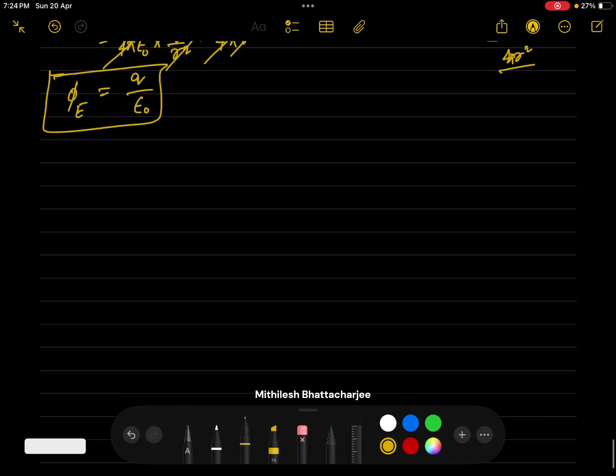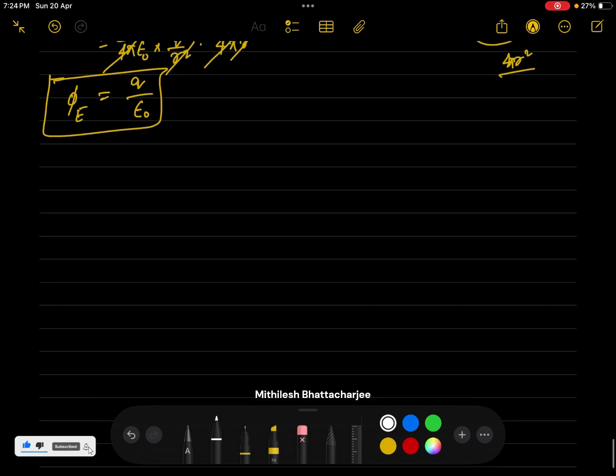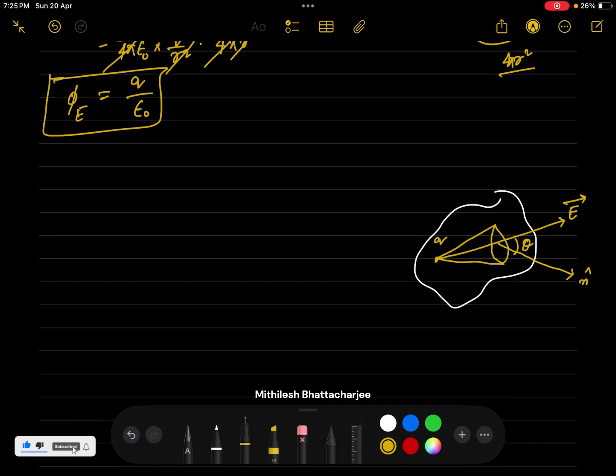Fine. Now the question is, if I am not going to put the exact spherical surface, I am going to put any surface, right? Any surface, and the Q is here inside the surface. So if we consider any surface, then what will happen? The same.